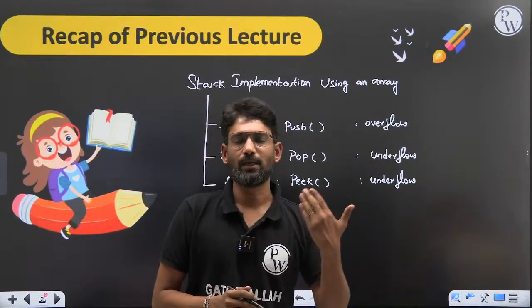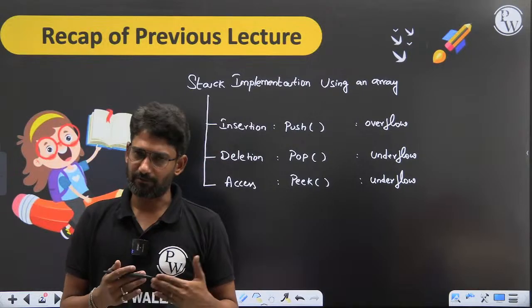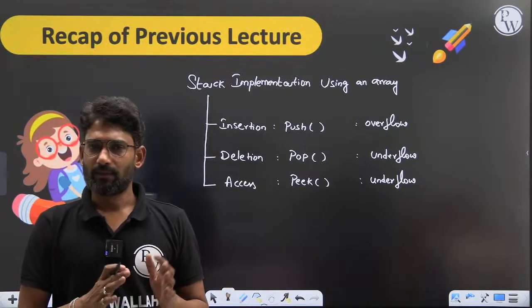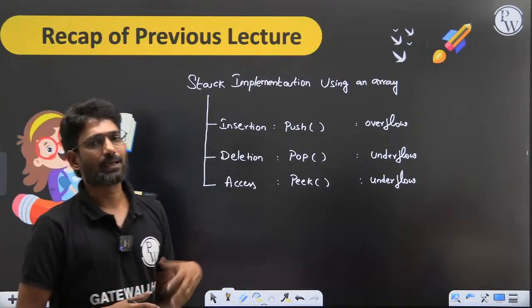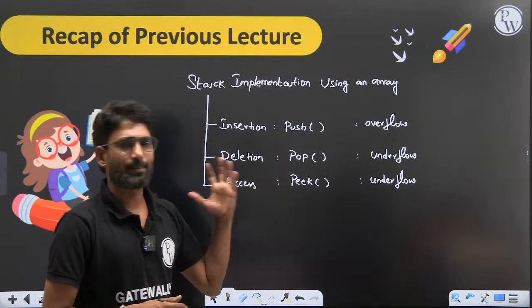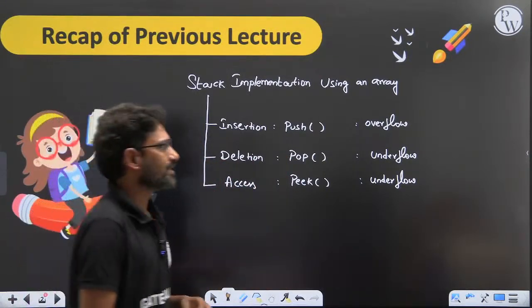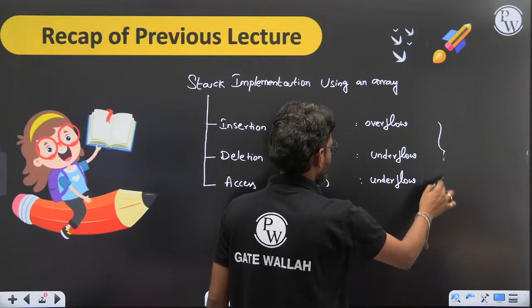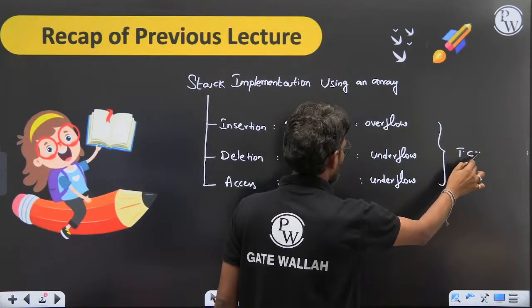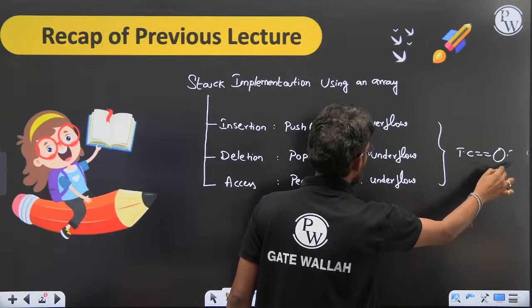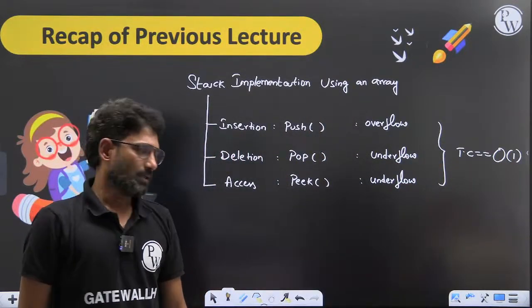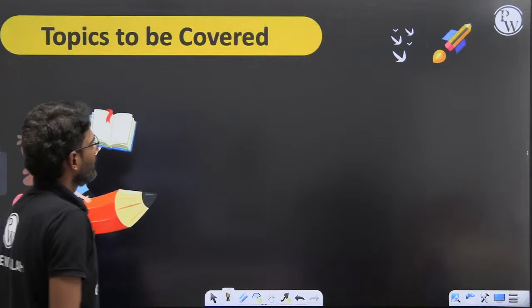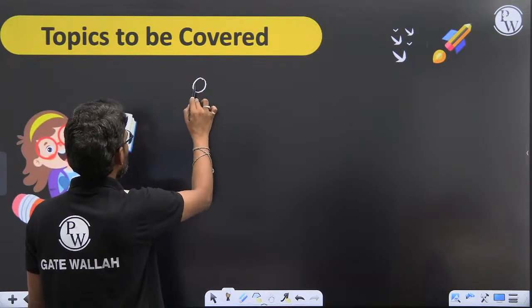How we implement that we have discussed. Hope everyone is clear with the array implementation, and the time complexity for all these operations would be constant time complexity. The time complexity would be what? Constant time complexity, right?